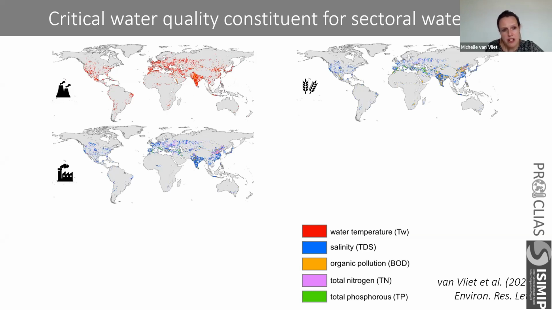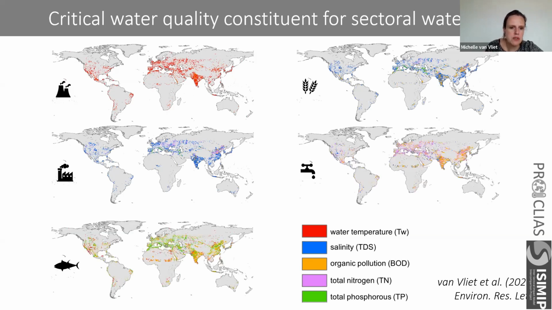For irrigation water use and manufacturing, it is in particular salinity, and in most regions of the world salinity mainly contributed to higher water scarcity levels. For domestic use and ecosystem health, it is mainly a combination of higher nutrient levels, as indicated by higher total nitrogen and phosphorus concentrations, combined with high organic pollution as indicated by BOD.